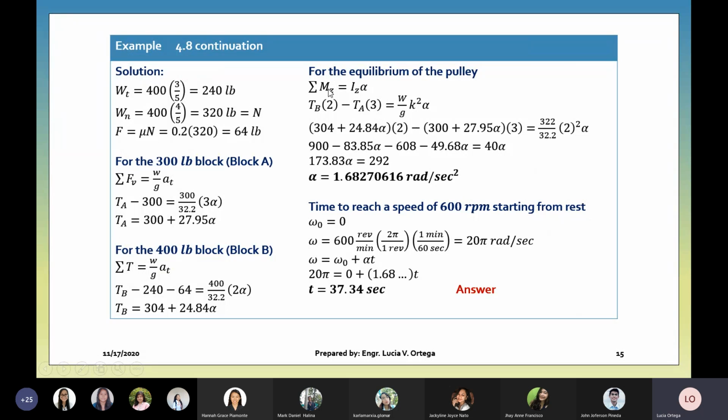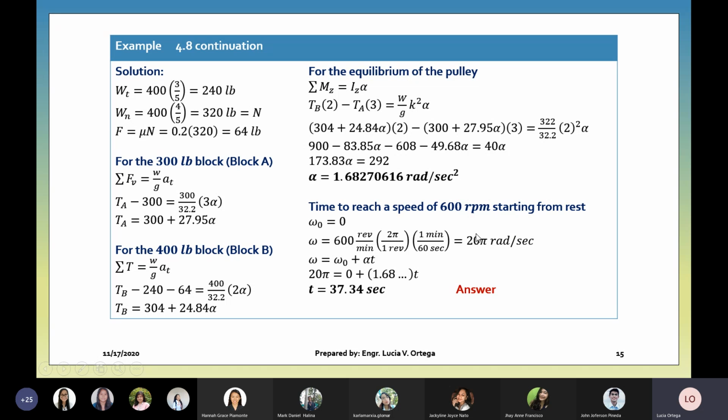And the equation for mass moment of inertia is W over g k squared, times alpha. Substituting the equations for T sub A and T sub B, and substituting W over g and k, simplifying the equation, we can solve for alpha, that is 1.68 radians per second squared.